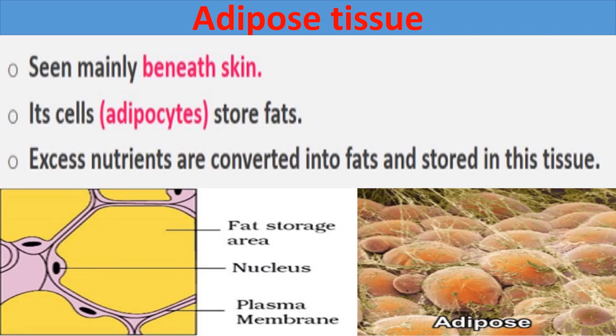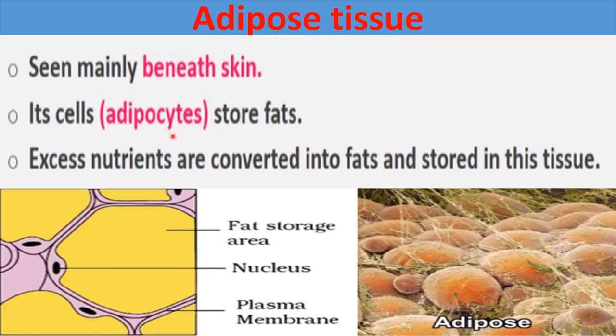The next type of loose connective tissue is adipose tissue. It is seen mainly beneath the skin, like areolar tissue. It is also present beneath our skin. The cells of adipose tissue are adipocytes. Cytes means cell, and adipo is for adipose tissue.